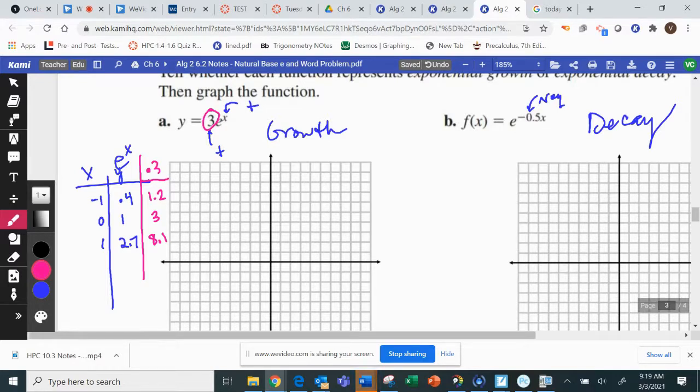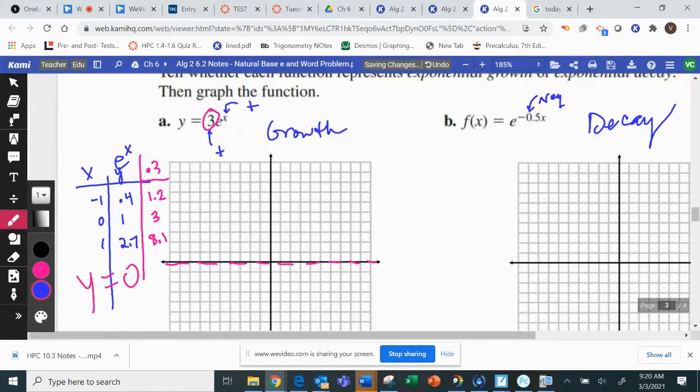And then we have an asymptote. What is our asymptote? It's the same that it was before. Where was it every single time on the first assignment? Y equals 0. So y equals 0. There it goes.